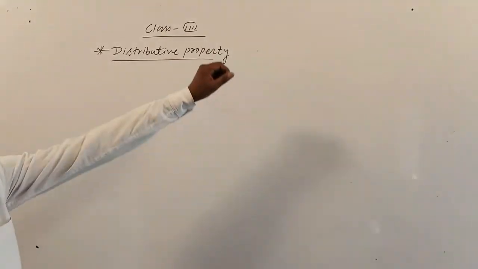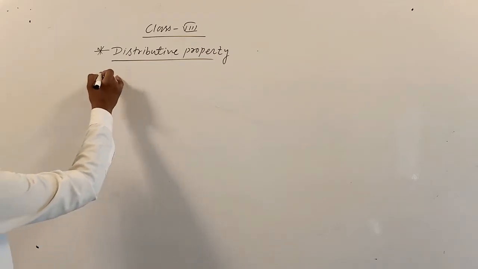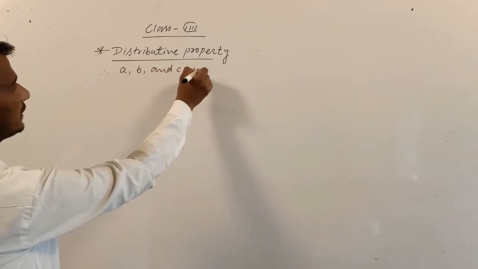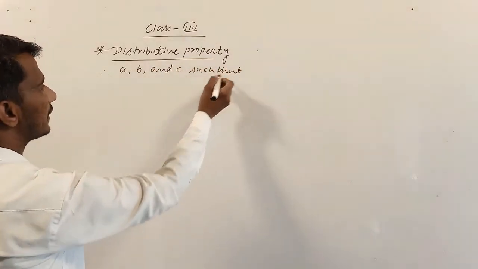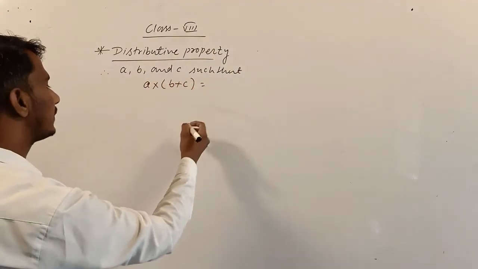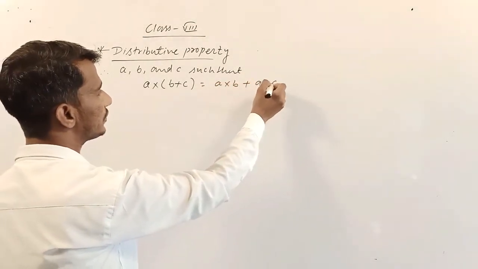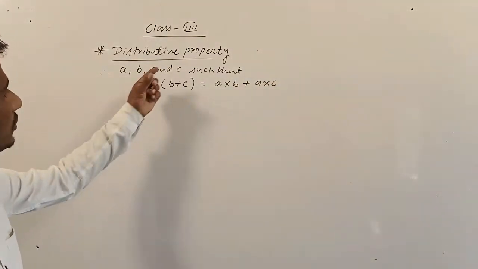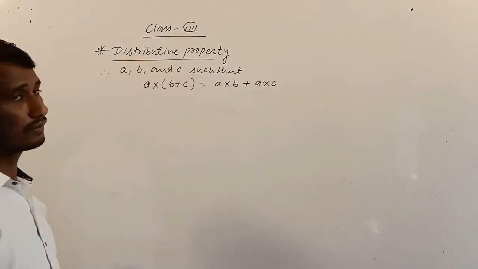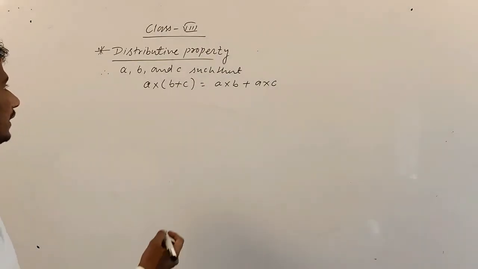Statement of the distributive property: suppose there are three rational numbers A, B and C such that A into (B plus C) is always equal to A into B plus A into C. That is the statement of the distributive property, for multiplication over addition.